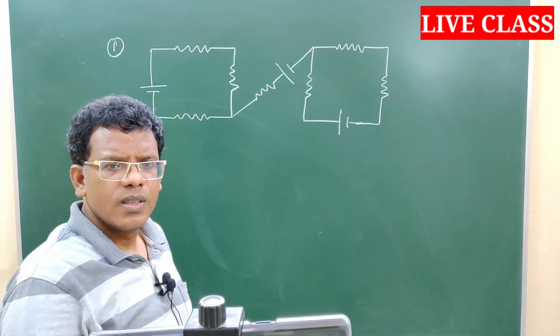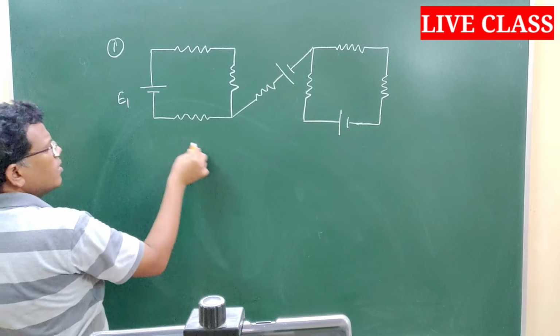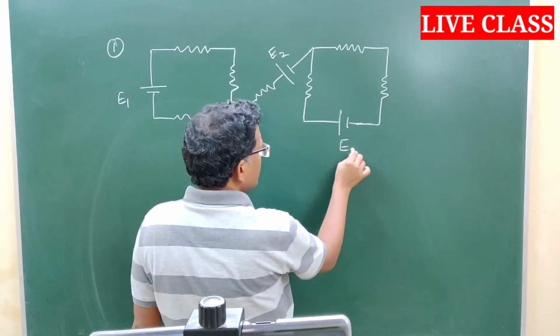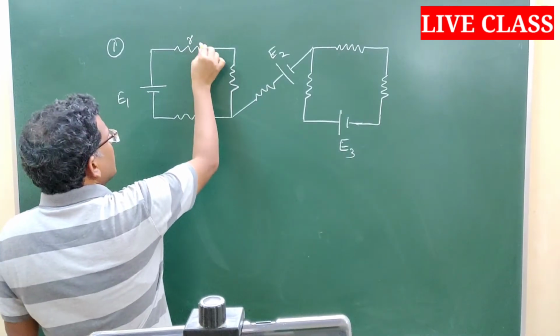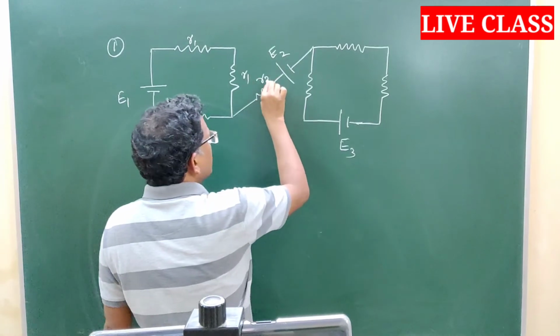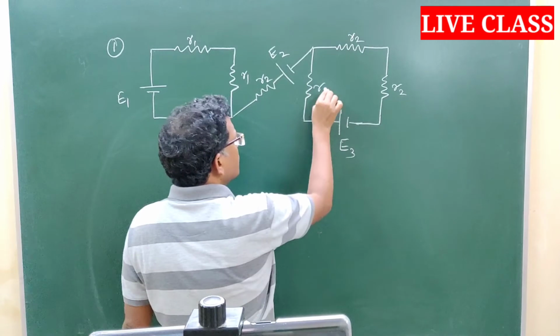Can you see the diagram? Let these be E1, E2, E3. Let the values be R1, R1, R1. Here it is R2, R2, R2 and R2.